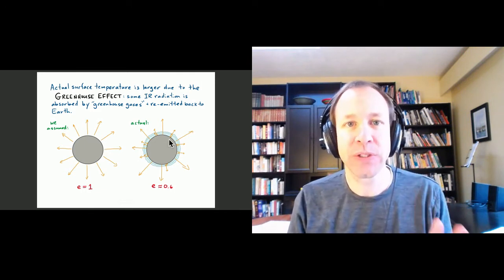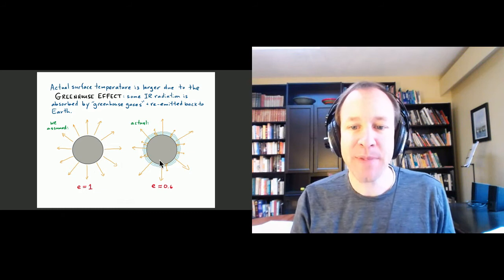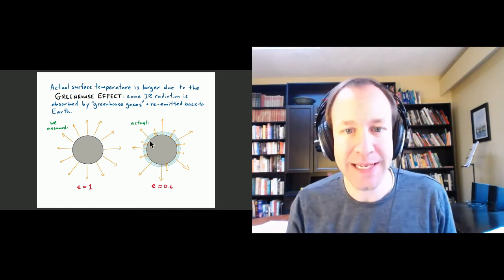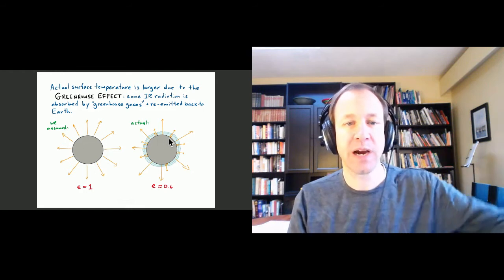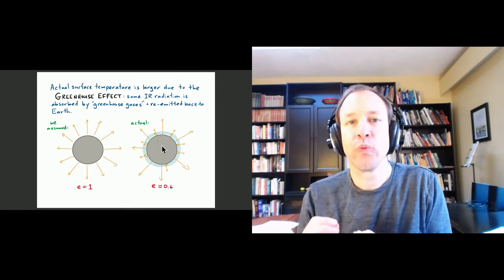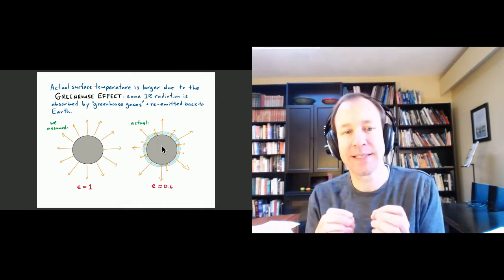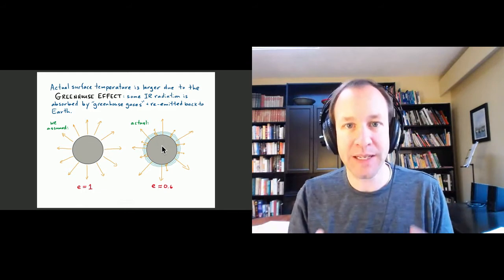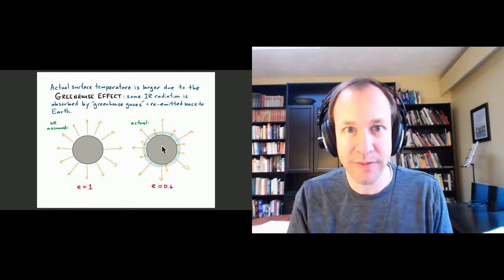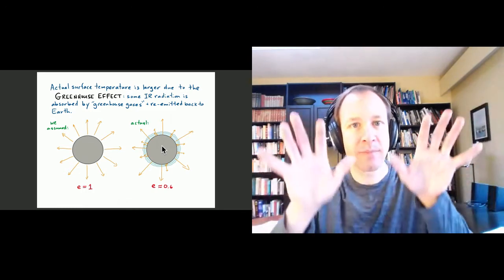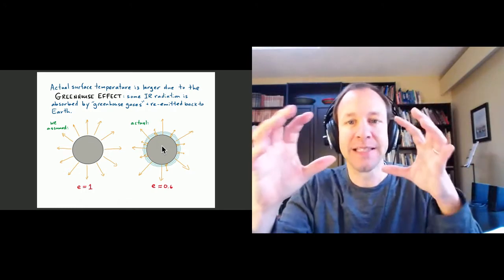In the actual situation, we have an atmosphere, and the atmosphere contains what are known as greenhouse gases. So carbon dioxide is famous for this. What happens with the greenhouse gases is that some of the infrared radiation being emitted by the Earth, because it's at the temperature of the Earth, doesn't make it out into space, but rather is absorbed by these gases in the atmosphere.